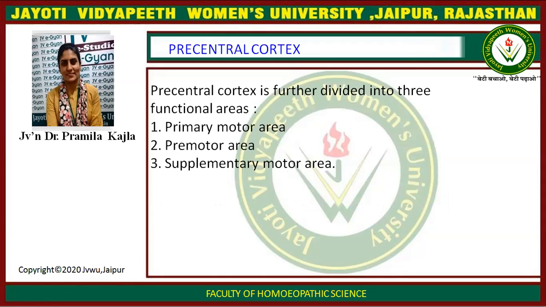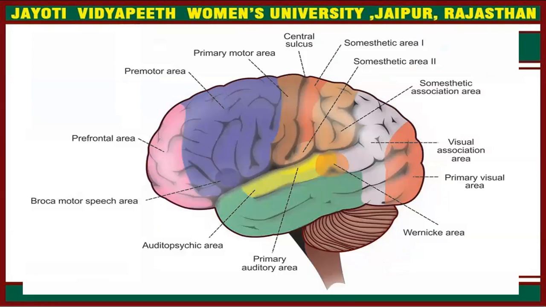Precentral cortex is further divided into three functional areas. First, primary motor area, second, premotor area, and third one is supplementary motor area. Now, you can see in this diagram, in frontal lobe, there is prefrontal area in pink shade, premotor area in blue shade, and primary motor area in darkest brown shade.